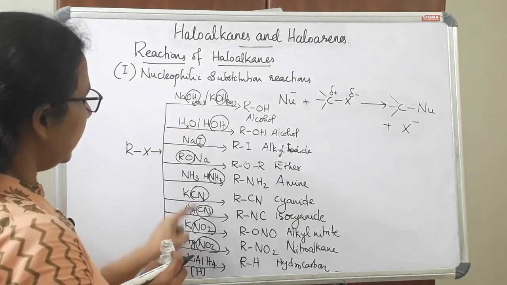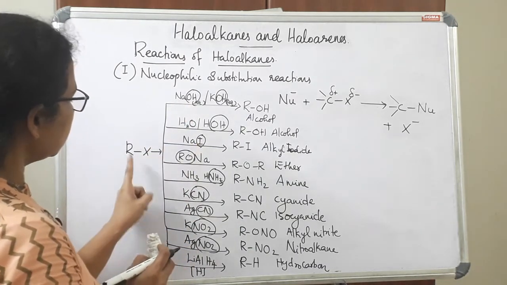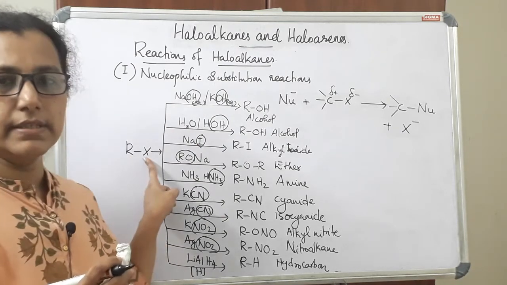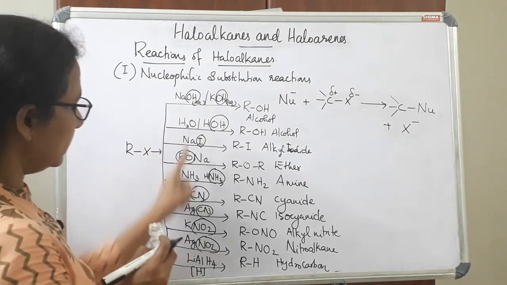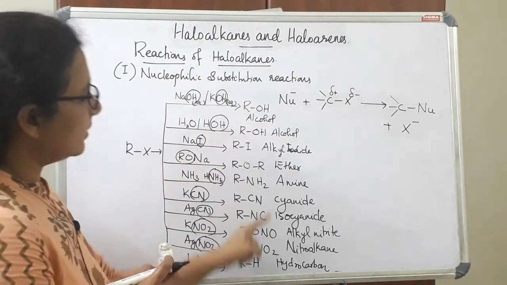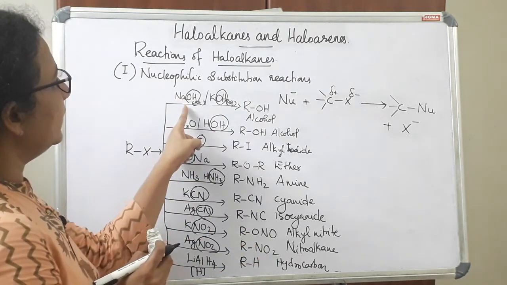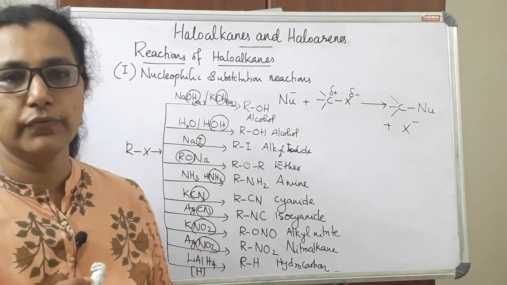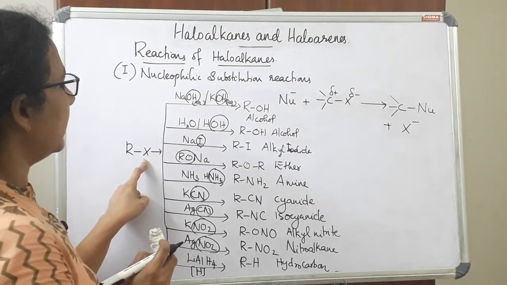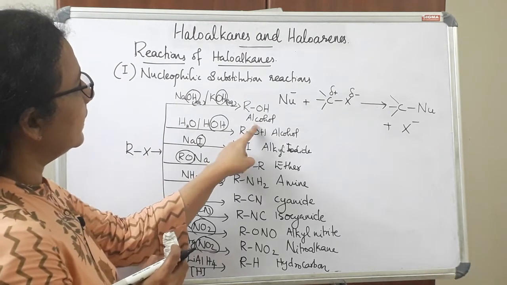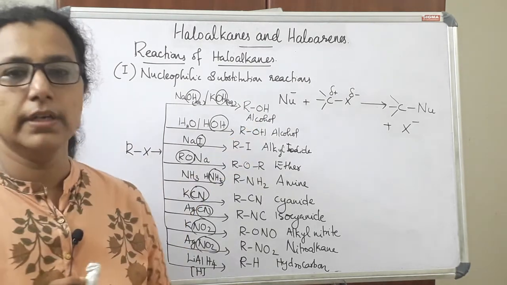These are the reagents which are written here, and RX, that is alkyl halide. When alkyl halide is treated with these reagents, we will get these products. Here we need to identify the nucleophilic part, and that nucleophilic part is substituted in place of halogen. We will get the nucleophilic substituted products.